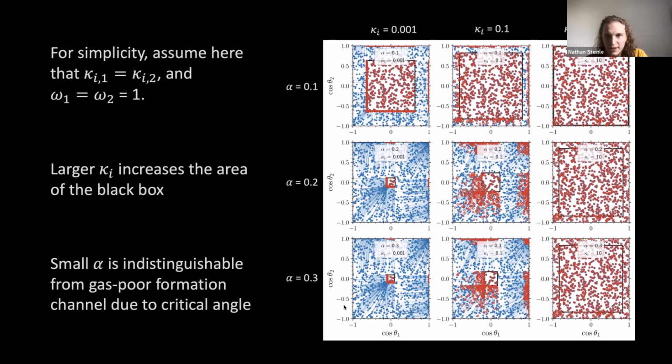But as you increase alpha, generally the black box can get smaller, unless you're starting at a very high initial kappa, which is to say you're starting the disk migration phase at a very small separation, and so the effect of the companion is very large, which can induce this critical angle behavior. And that's why in these left column plots, the black box is so large and there's no evolution there.